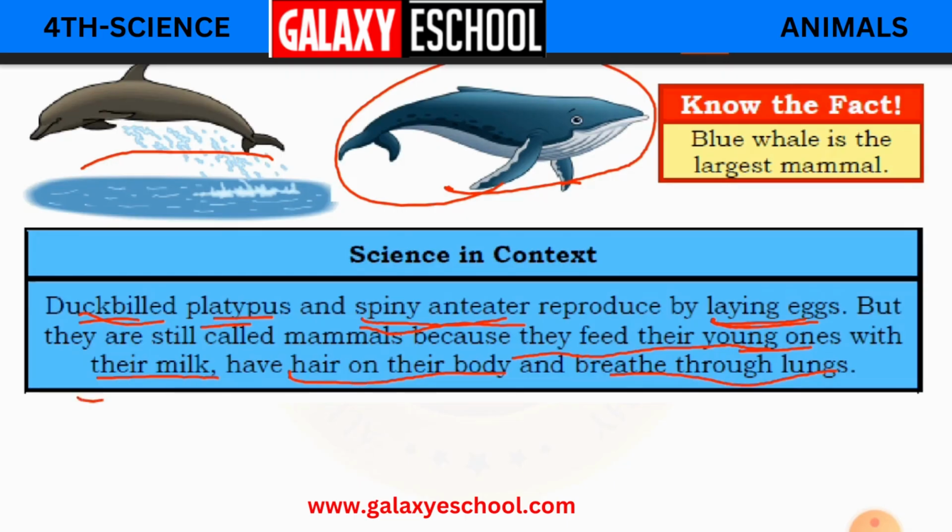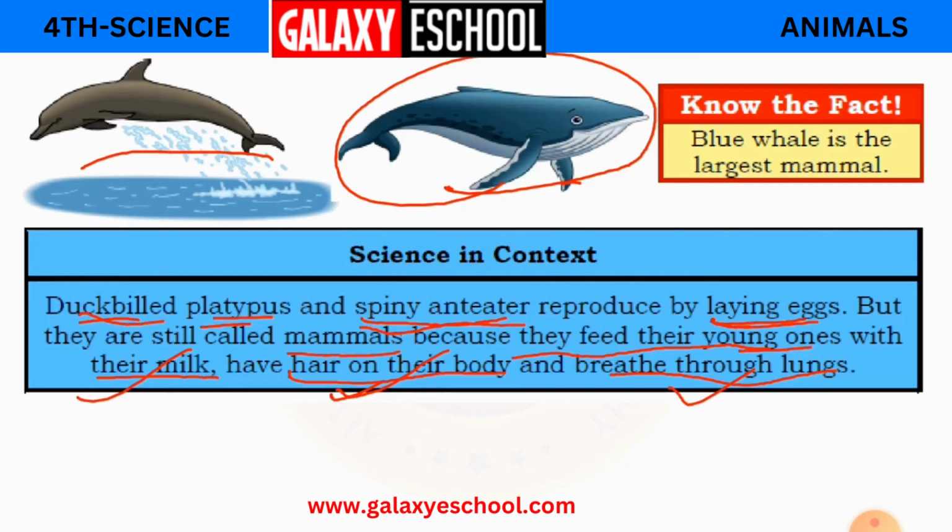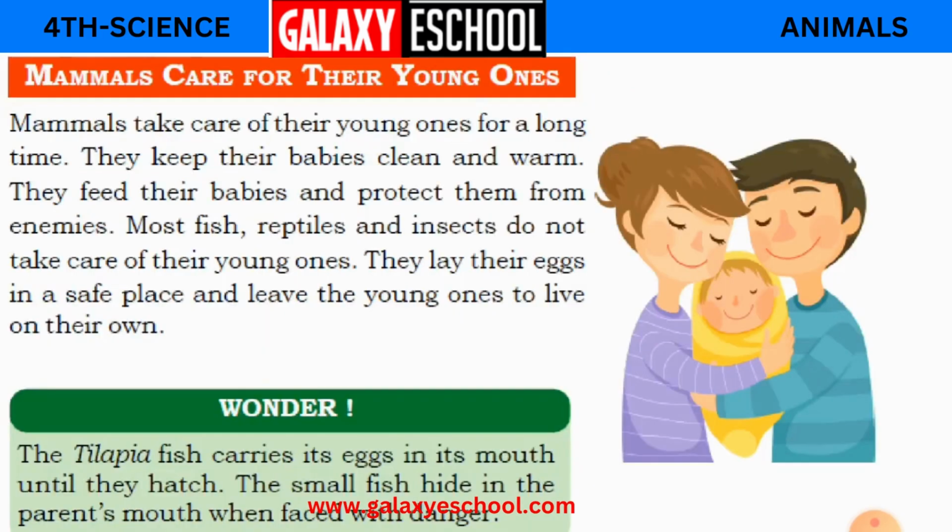They feed their young ones with their milk, they have hair on their body, not all, some of them have hair on the body, and they breathe through lungs. Because of these features, they are called mammals. Clear, children? Understood?